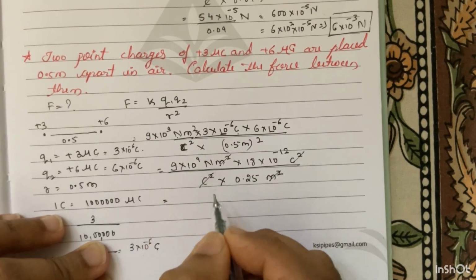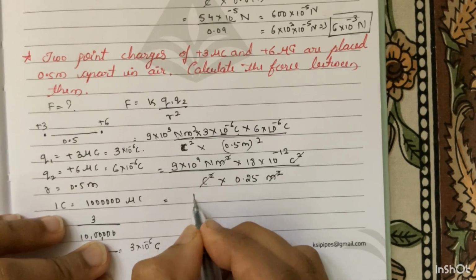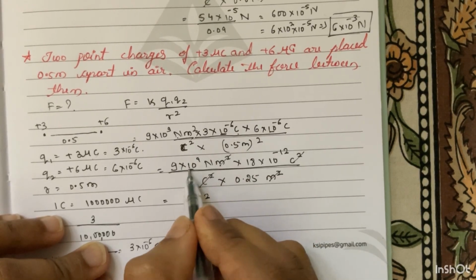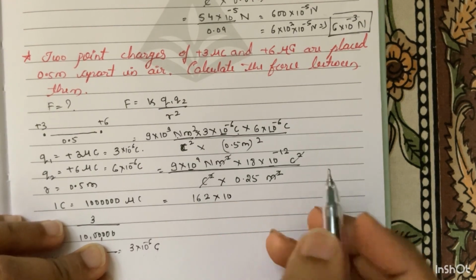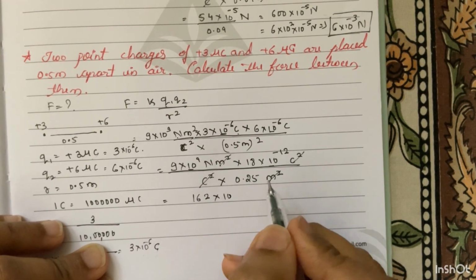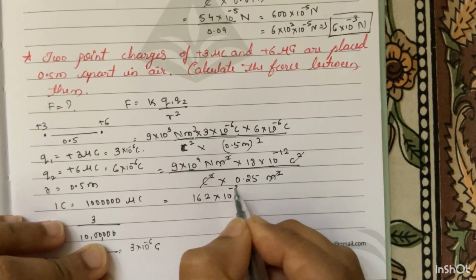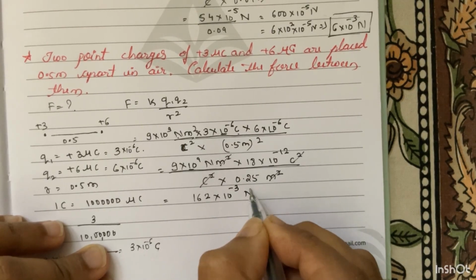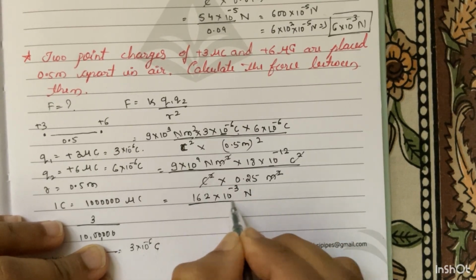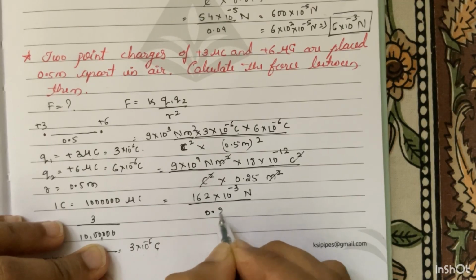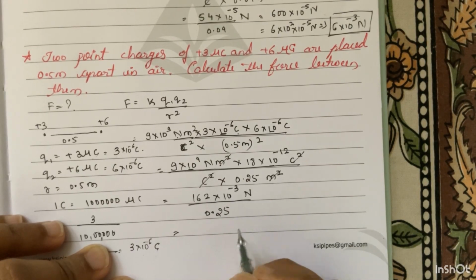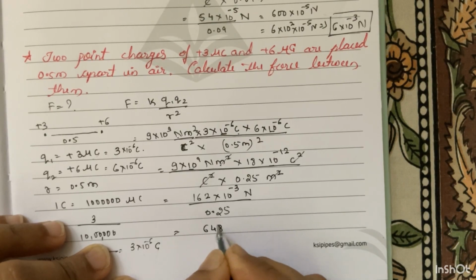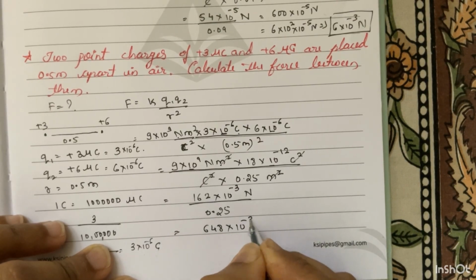9 into 18 will be 162, and the bases are the same, so we can add the powers. Since the powers are of unlike sign, we need to subtract. After subtraction, I'll get negative 3, and the unit is Newton. Now divided by 0.25, which is all we are left with. 162 divided by 0.25, I'll get 648 into 10 raised to the power negative 3 Newton.